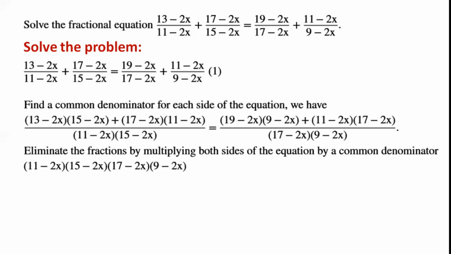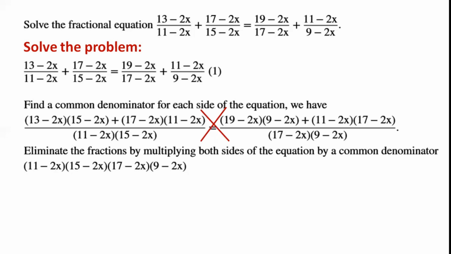Then we eliminate the fractions by multiplying both sides of the equation by a common denominator, (11 - 2x)(15 - 2x)(17 - 2x)(9 - 2x).